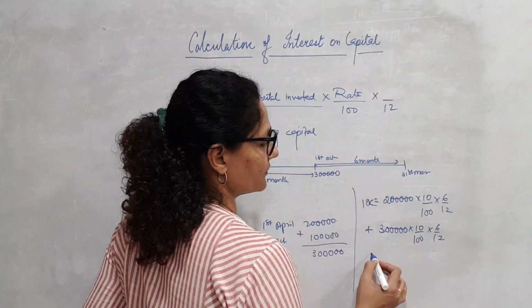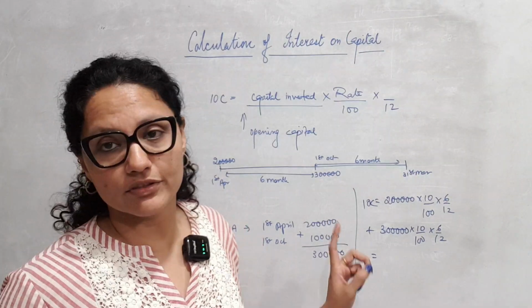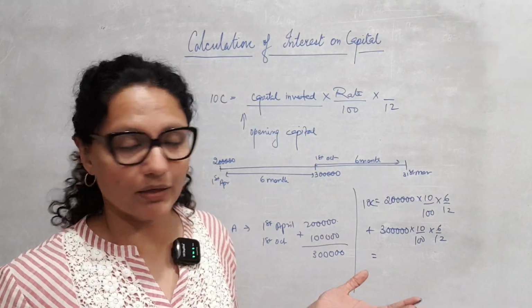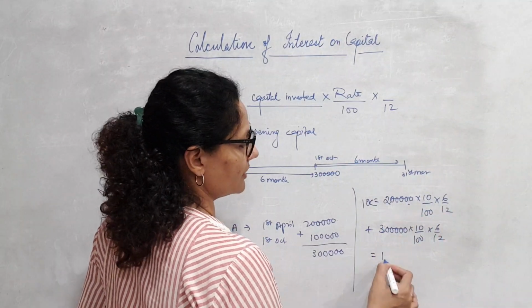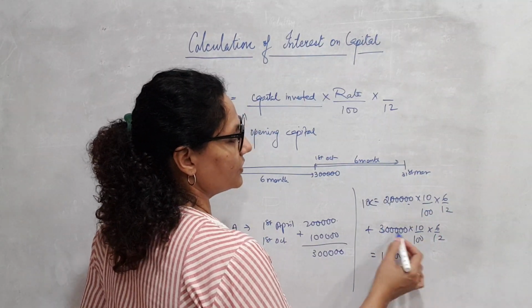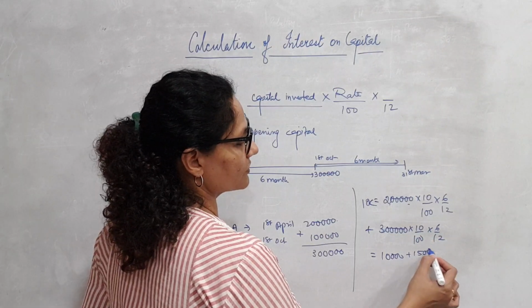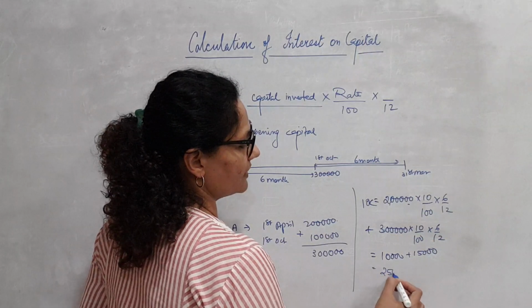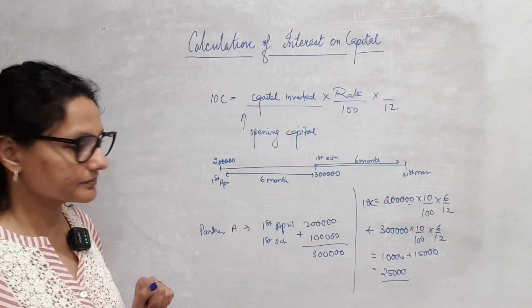If we add both of these, you will get the interest on capital to be given to A. Clear about that? Straight away 20,000, half is 10,000. 3 lakhs, 30,000, half of that 15,000. So 25,000 is his interest on capital.